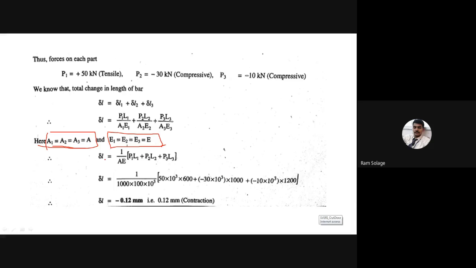Now put the value A and E, area of all sections and modulus of elasticity E will be common. So we have to take it outside the bracket: 1 upon AE, P1 L1 plus P2 L2 plus P3 L3. Put all the values and find the answer.